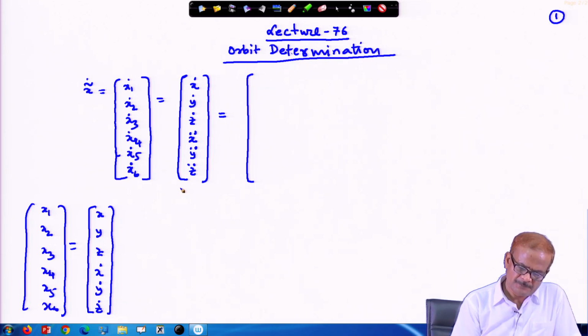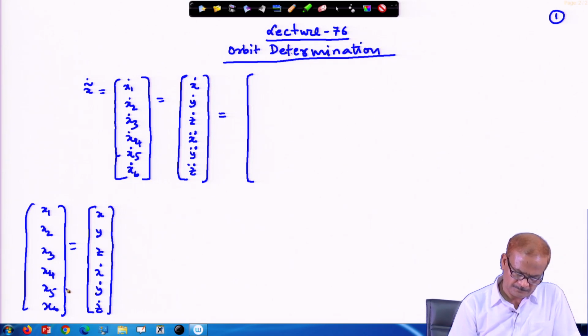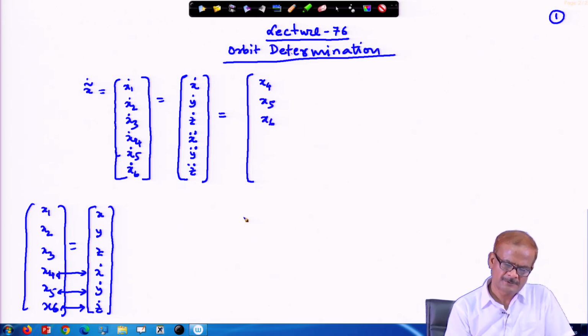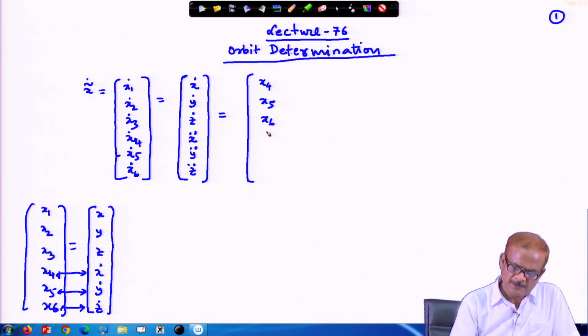So, what we see from this place, x 4 equal to x dot, x 5 equal to y dot and x 6 equal to z dot. So, here we write x 4, x 5, x 6 and then x double dot.